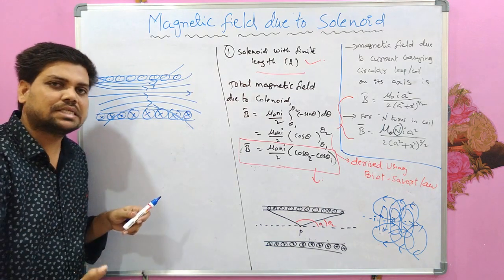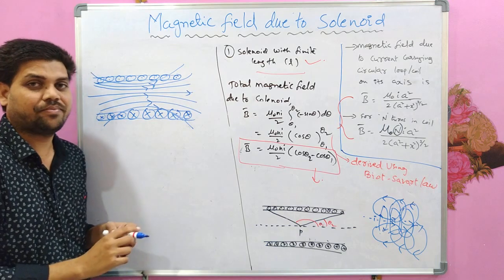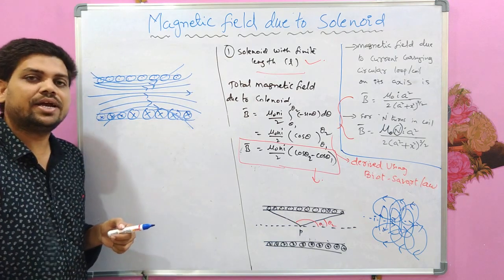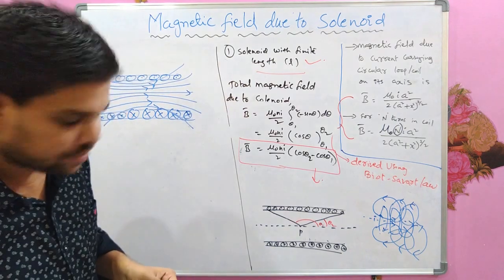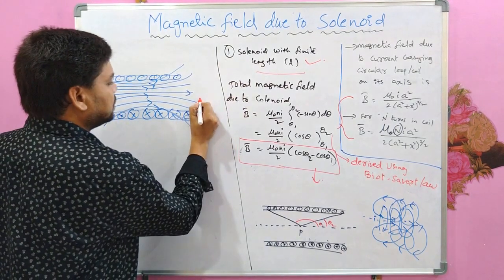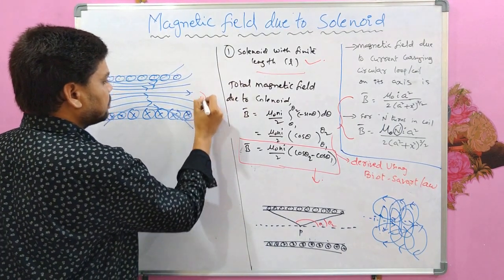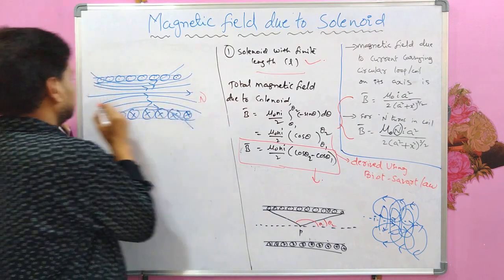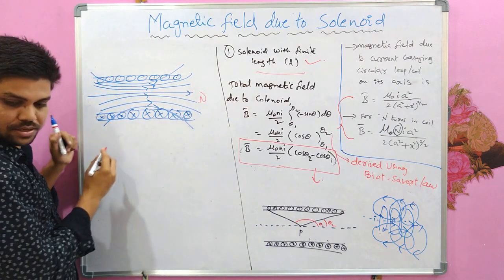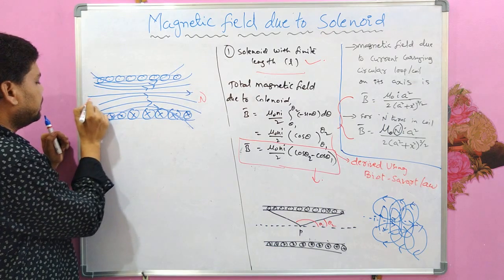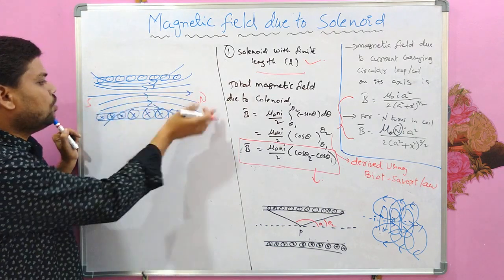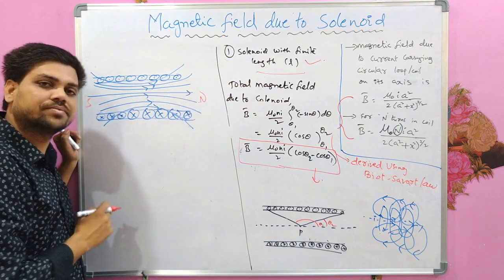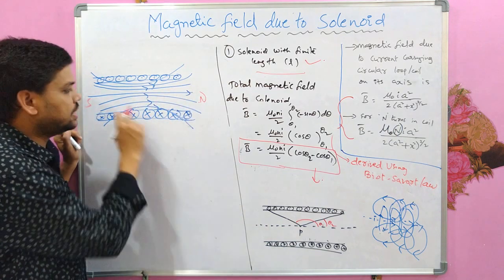According to the properties of magnetic field lines, they always go out from the north direction and enter in the south direction. This is north and this is south. In the beginning of this lecture, we identified the poles like this, south and north, for this current direction.